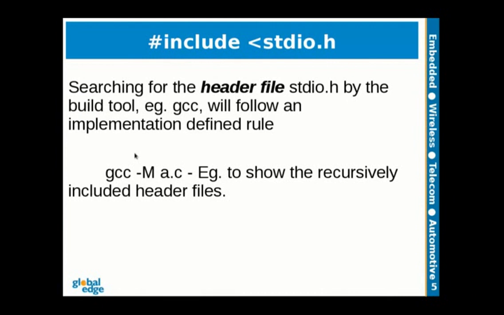I was talking about how to find out how many header files are recursively included. Usually there is an option called -M. This option has come from the make utility. Moreover, searching for the header file stdio.h by the build tool follows an implementation-defined rule, here a GNU/Linux implementation-defined rule.